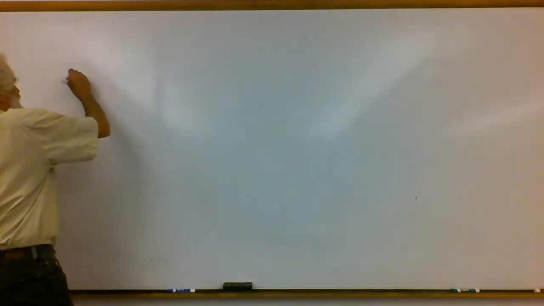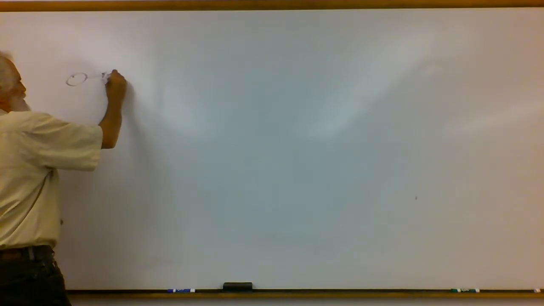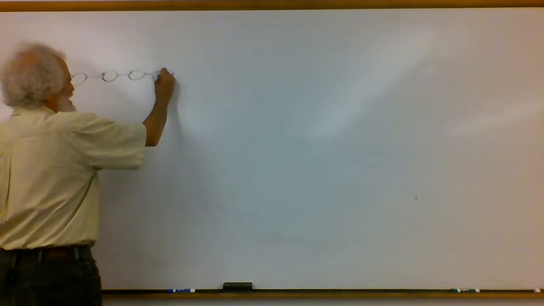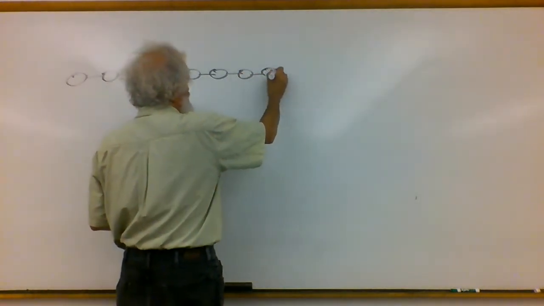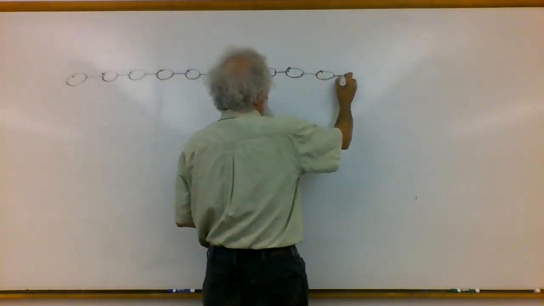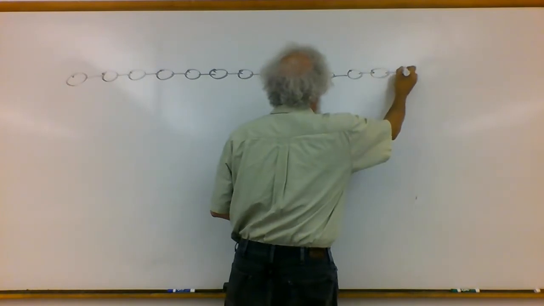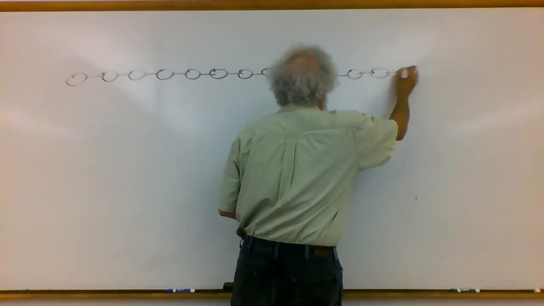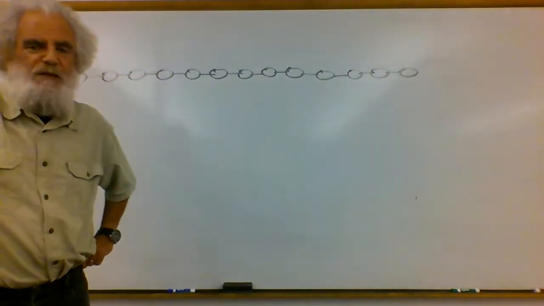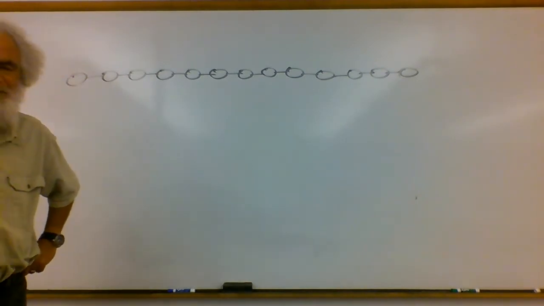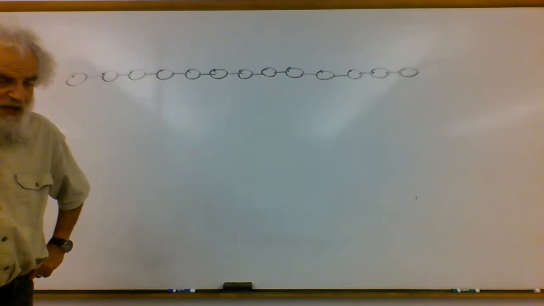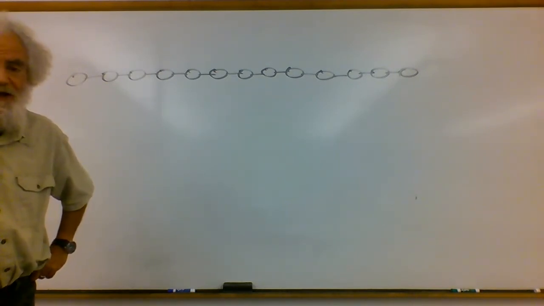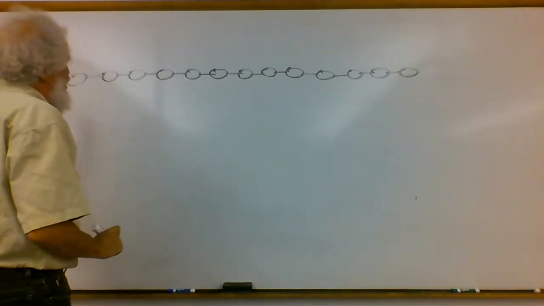And just remember, the amino acid sequence is dictated by your DNA sequence. That's what your genes are doing, is they're providing the instruction set for individual proteins. So we got a bunch of beads on a string here, okay? Now, each one of these lines represents one of the peptide bonds.